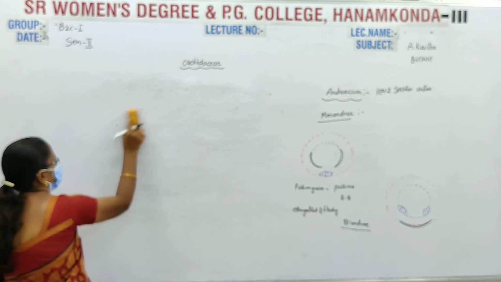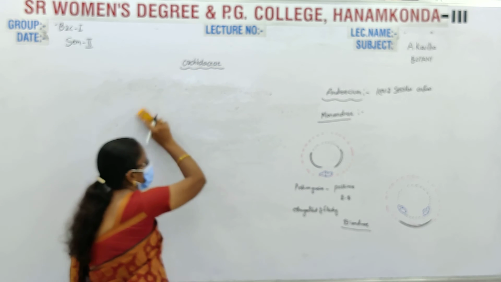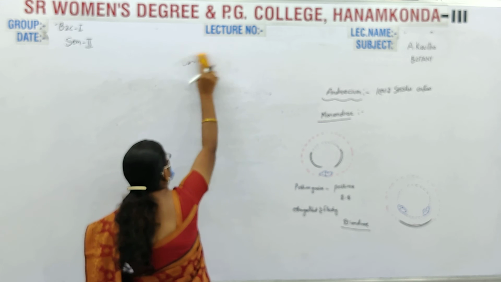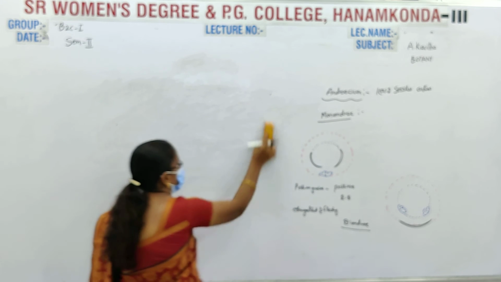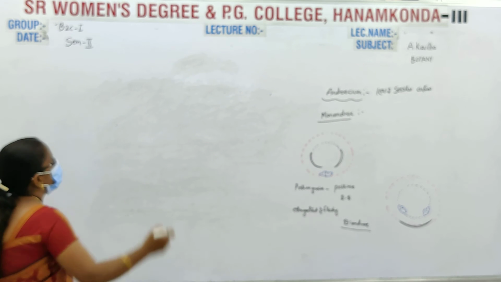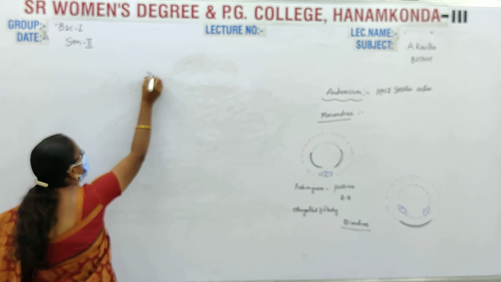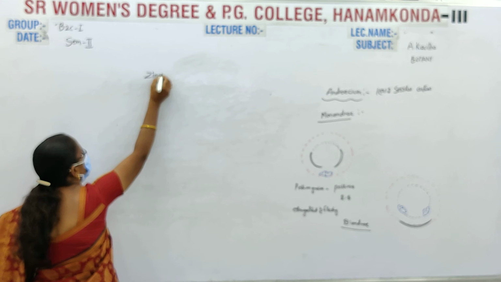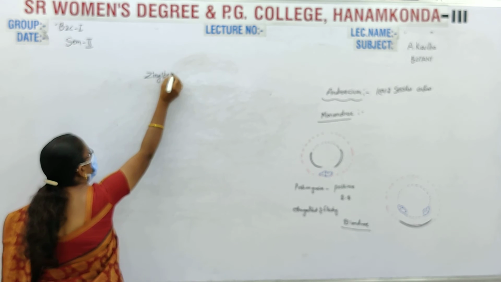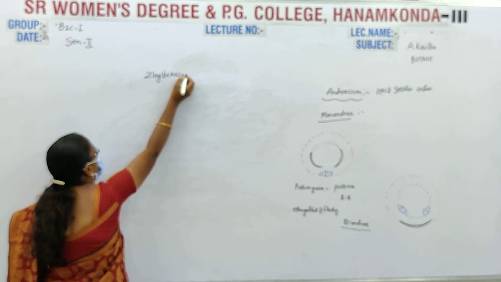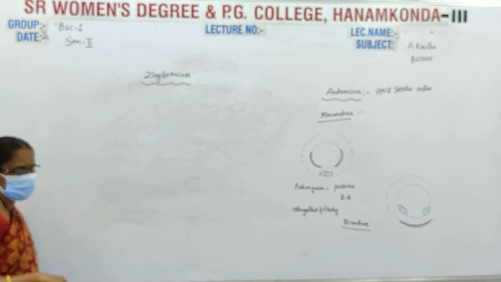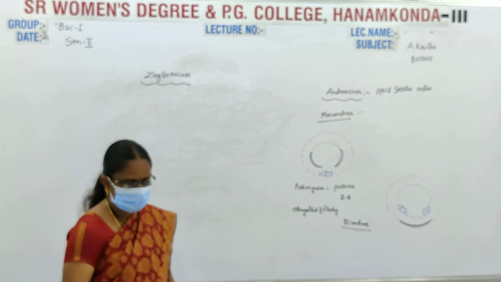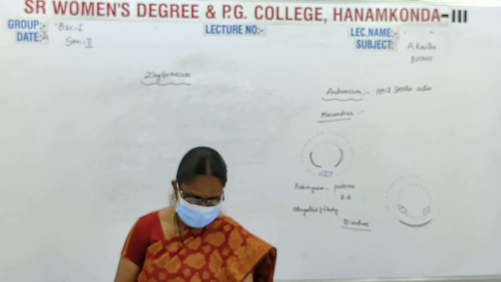This is the last family. The Zingiberaceae family is also a monocotyledon family.